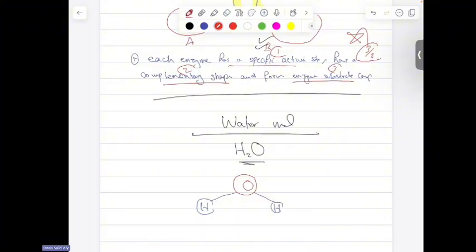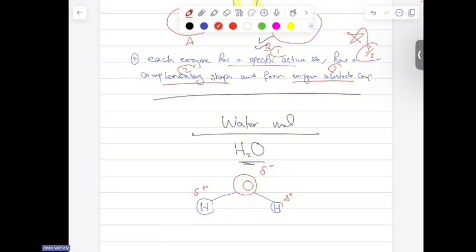Or simply to summarize it, because of the unequal distribution of the electrons around the oxygen and around the hydrogen, the oxygen has a slightly negative electrical charge and the hydrogen has a slightly positive electrical charge.